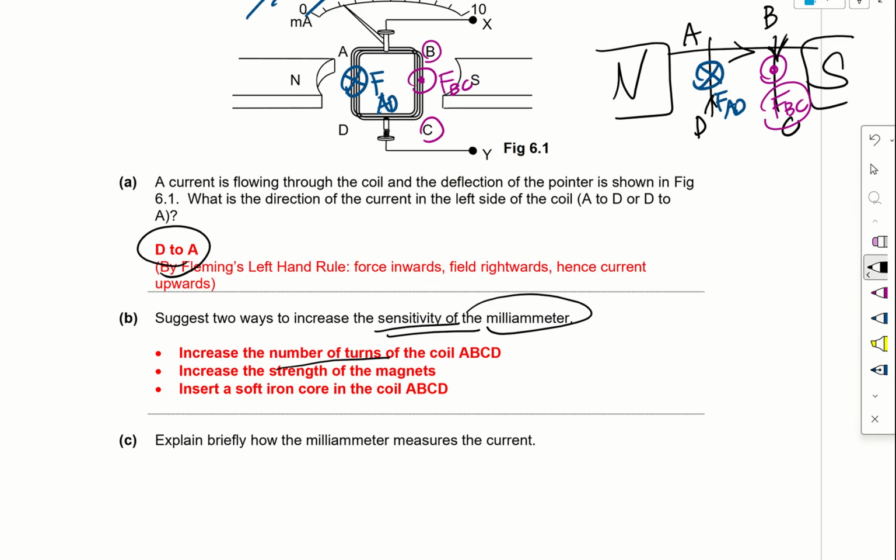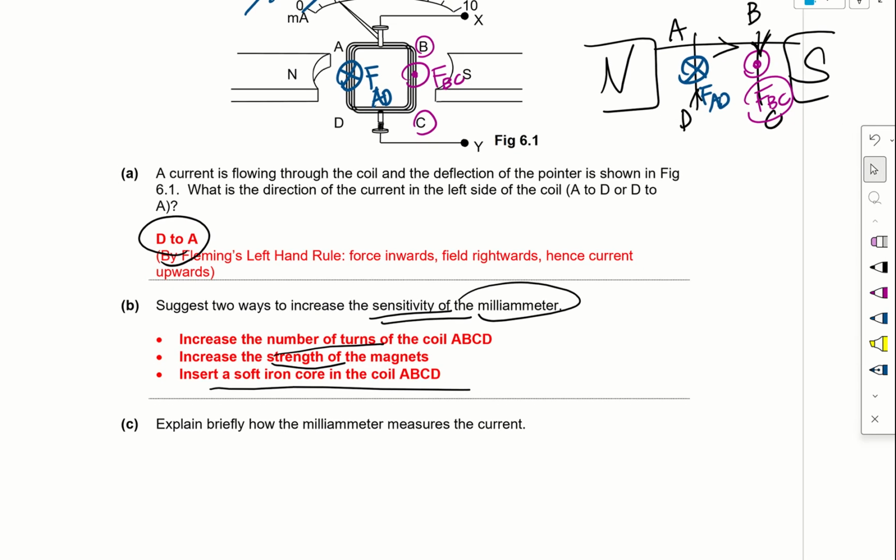When I have more turns and when a current flows through, even though it's a smaller current than before, because I have more turns, there'll be more interaction with the external magnetic field, so it will be more sensitive. Or I can increase the strength of the magnet, or I can insert a soft iron core. Okay, but you cannot say increase the current, because in this case we are actually measuring the current.